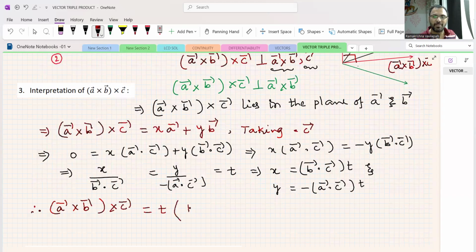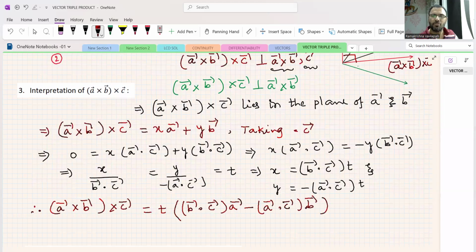Then you will have B bar dot C bar into A bar minus A bar dot C bar into B bar.